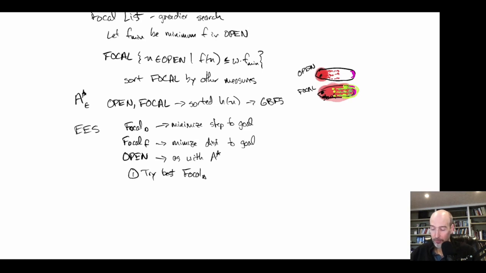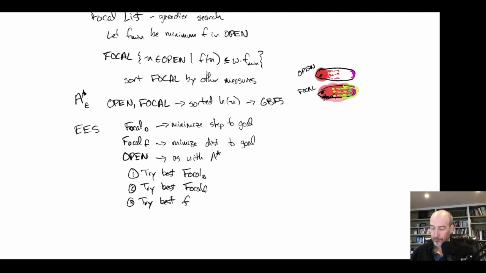If that's not within the bound, then I'm going to try the best focal F. So now we're just going to use some sort of greedy estimate to get me to the goal as quickly as possible. And if I can't do that, then I'm going to try the best F, which is just a regular F cost.